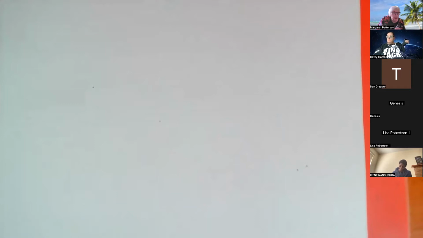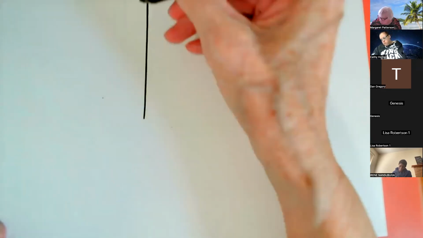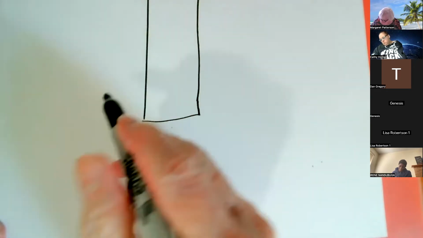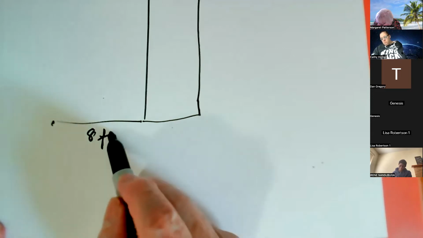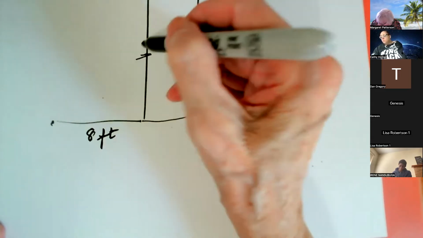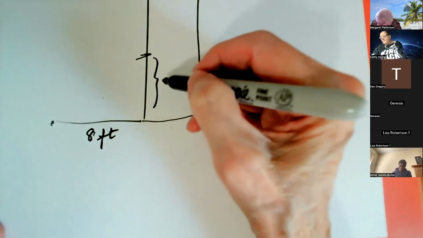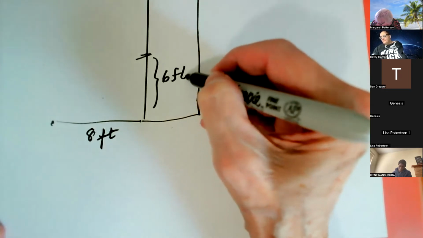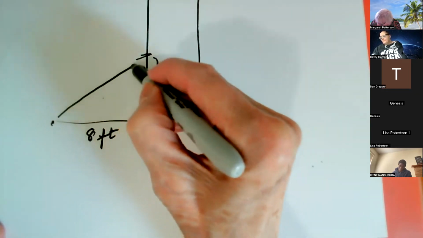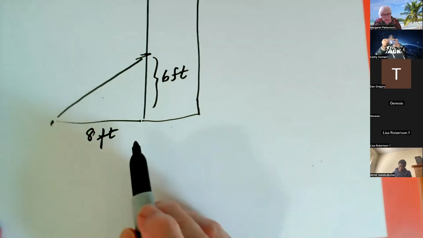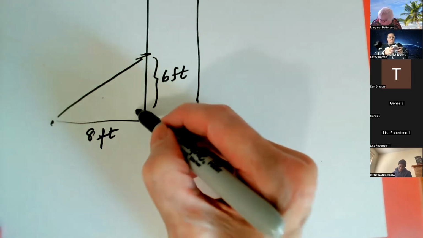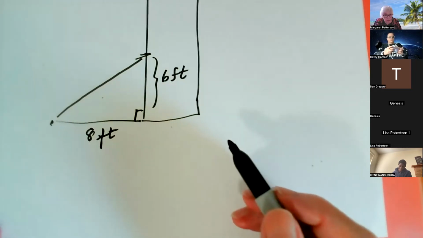So let me get out of that. Here's the building. This measurement here is 8 feet. This is 6 feet. And this is where the ladder resides. So now you can see clearly this is the 90-degree angle.